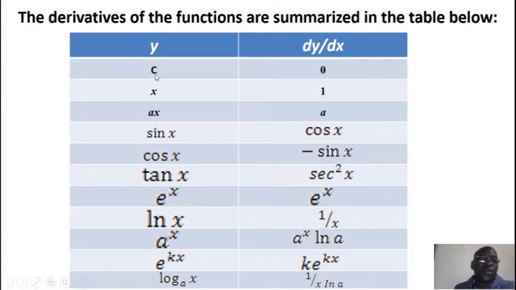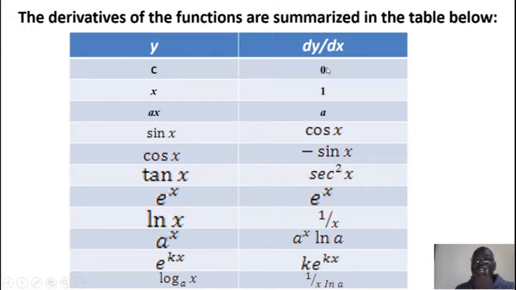You recall that y is a function of x. Here is the derivative of the function with respect to x. Where y itself is equal to a constant, which is a number or a known quantity, the derivative of y with respect to x becomes 0.